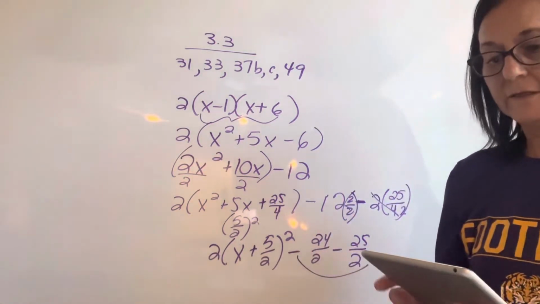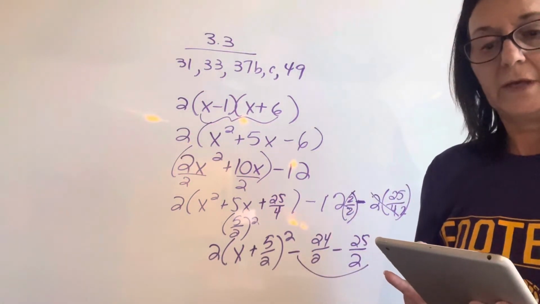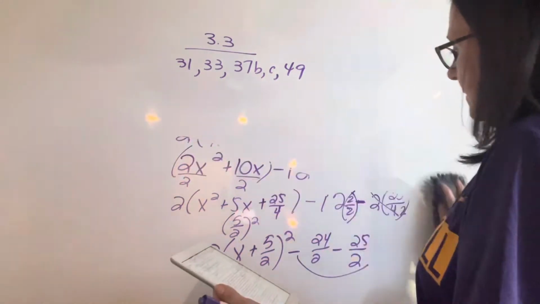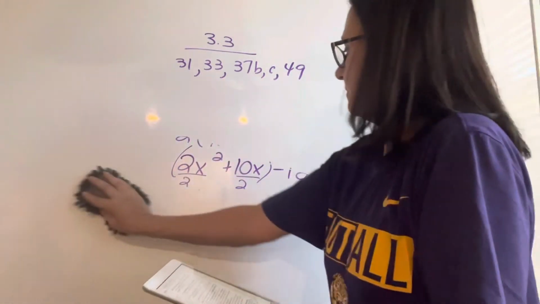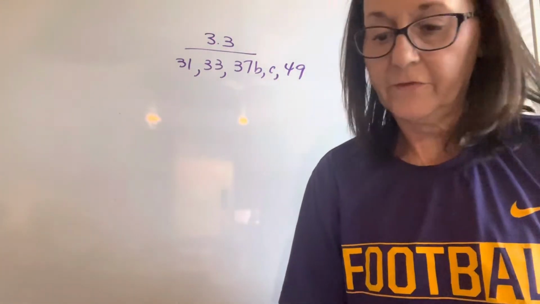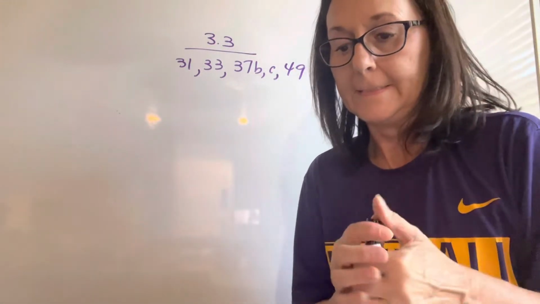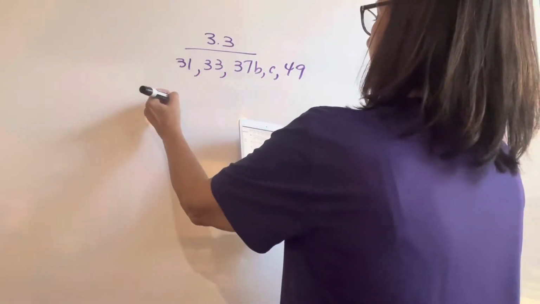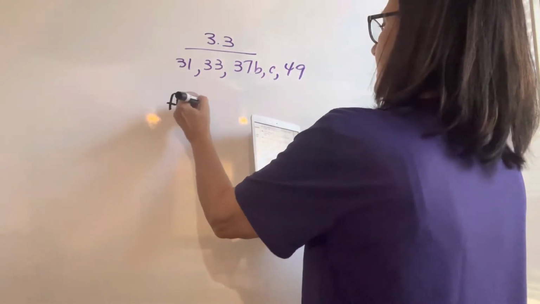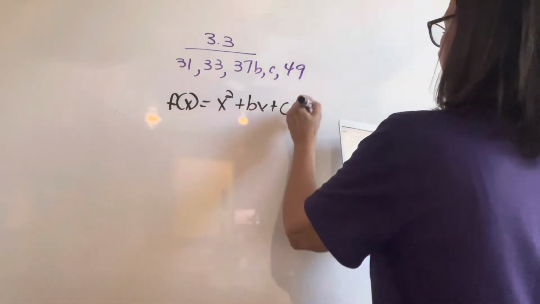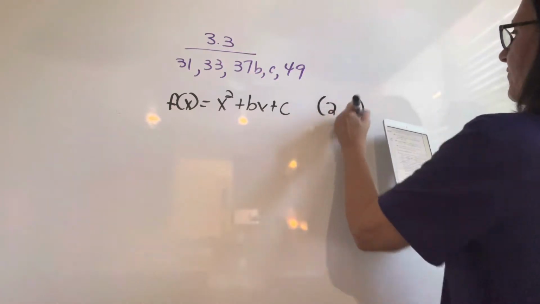Number 37 on the same page says, if the vertex of f of x is x squared plus bx plus c, and the vertex is at 2 and 4, find b and c.